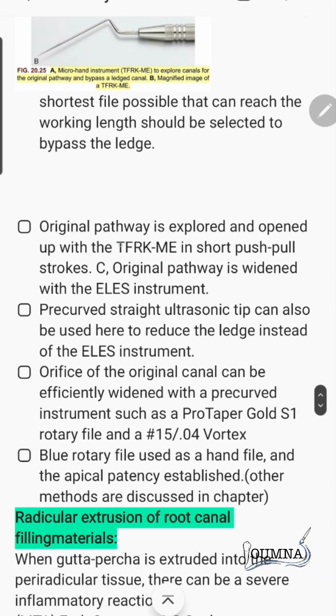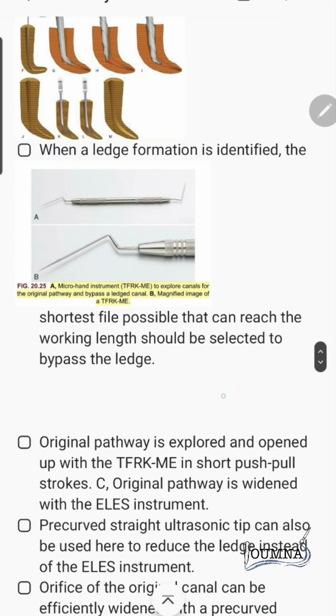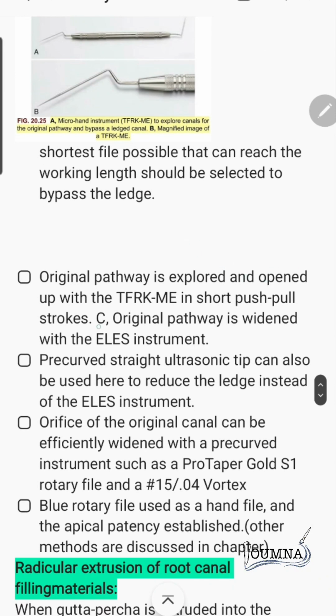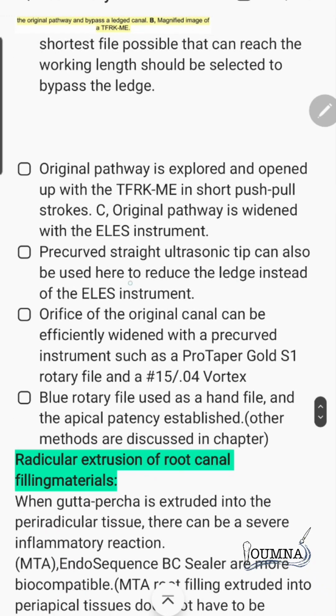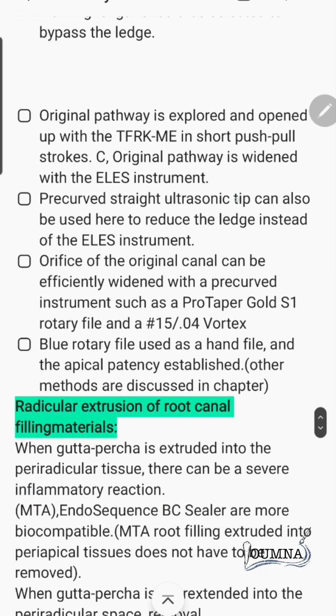The original pathway is explored and opened up with the TFRK, this one. In short push and pull strokes, the original pathway is widened with this instrument.